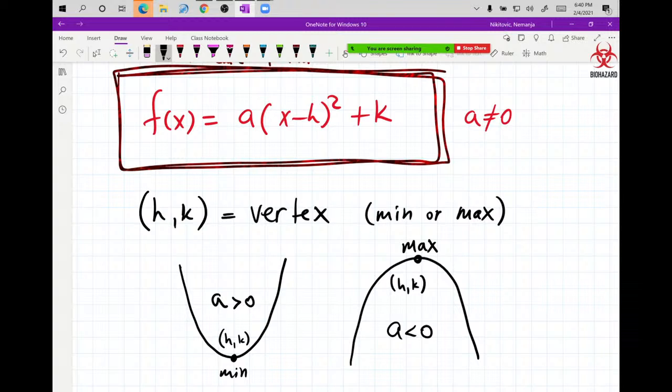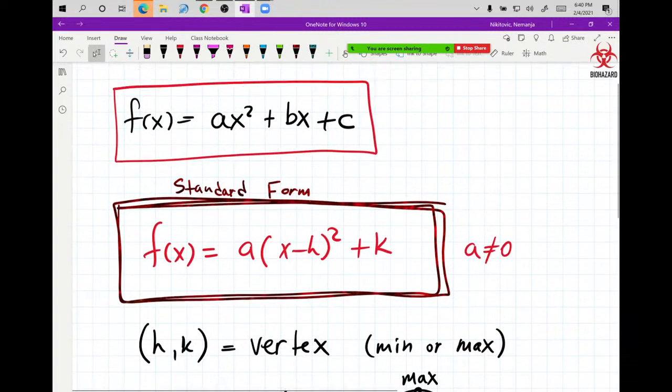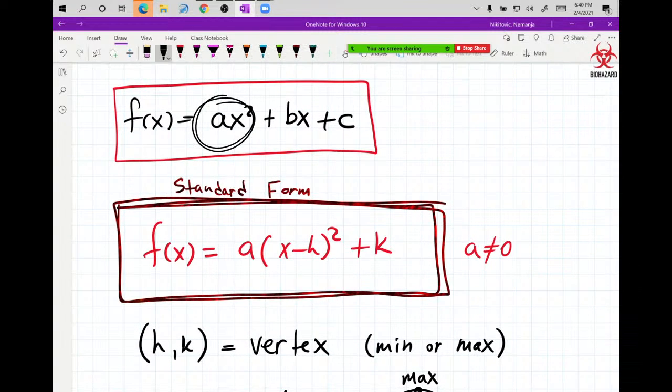What does a represent? a is a coefficient, the a that is in front of x squared. And the value of that a will, as we know from 1.6, shrink or stretch the function. But the sign of that a is also going to flip the function, as we know from reflections.